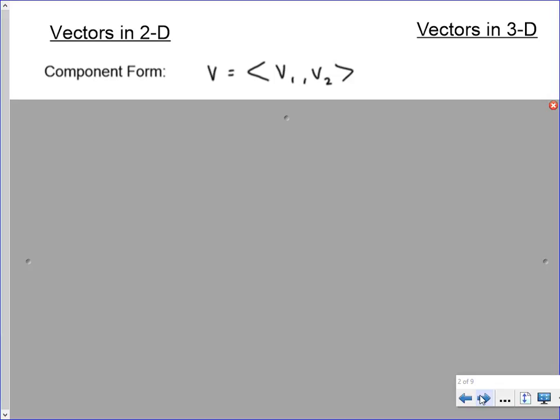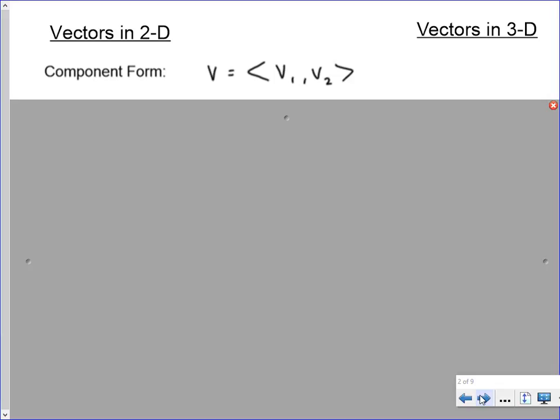Well, in 3 dimensions, instead of just having a horizontal and a vertical component, we have a third dimension, right? And we use our x to represent our forward and backward axis. So we're just going to add an extra component.